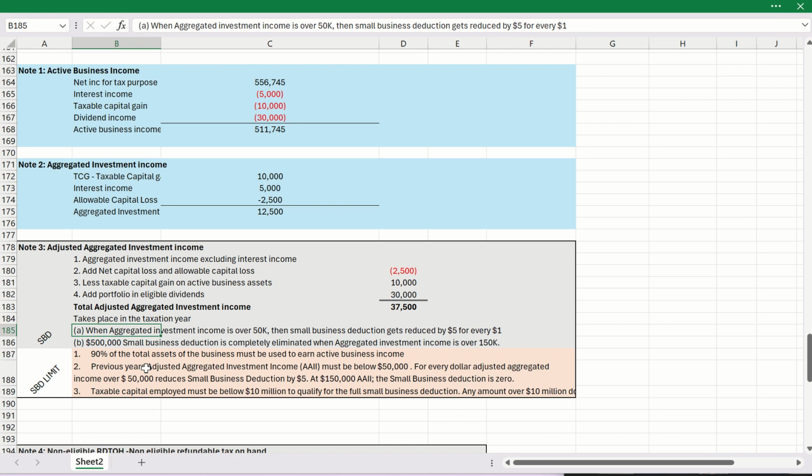Then the second test is that we must meet the $50,000 adjusted aggregated investment income, and the taxable capital employed in the business must be under $10 million to get the full deduction. Any exception to that, your SBD limit would be reduced. Okay, you could read it on the screen.